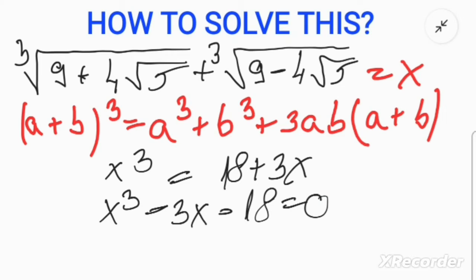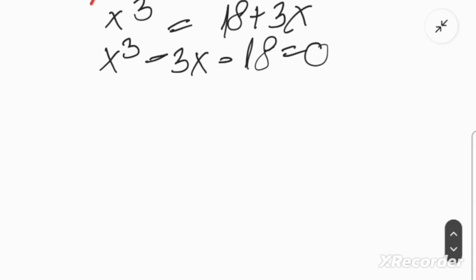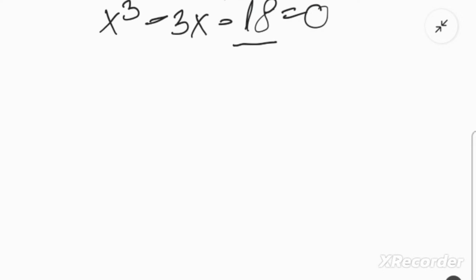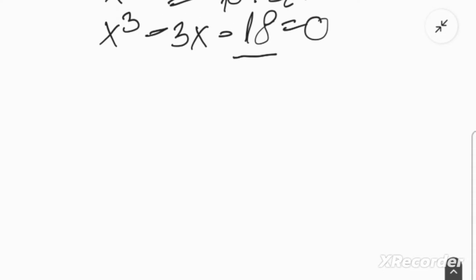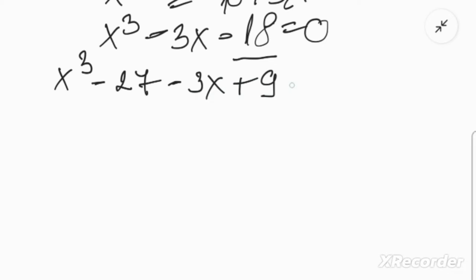Now we have a third degree equation, in which we will write 18 as 27 minus 9 in order to be able to use factorization. We have x to the power of 3 minus 27 minus 3x plus 9 equals 0.